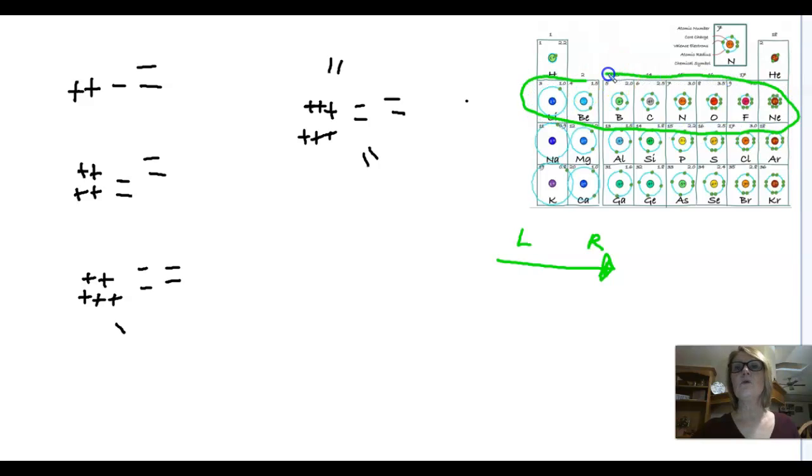Now one thing that you'll remember is that this is energy level 1, and this is energy level 2, energy level 3, energy level 4.